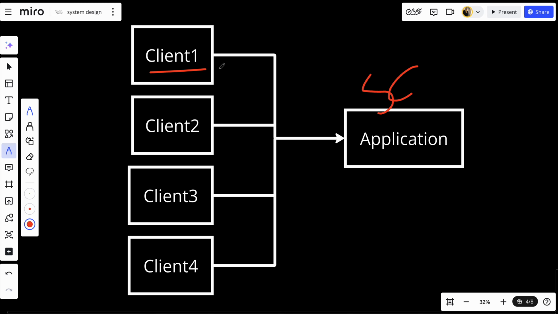What does this mean? Let's say we have a product called P, and client one updated this product P. When client one updated this product P, all other clients who try to read this product will read the last version. Basically, they will read what client one edited.